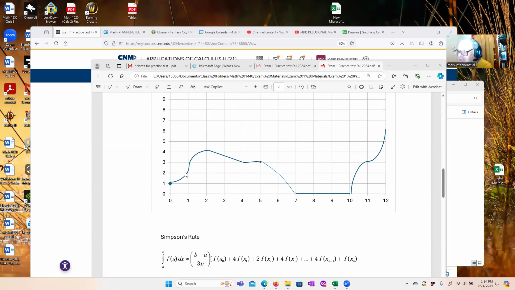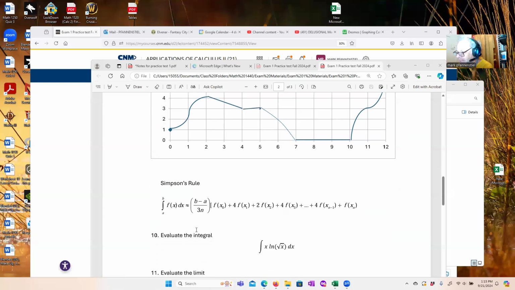They are supposed to have been snapped to the grid. I don't have that power. So you're looking at the grid that these are on that we're trying to get our values from. We're not trying to make you measure this out to whatever precision. And again, Simpson's rule is going to be given to you.